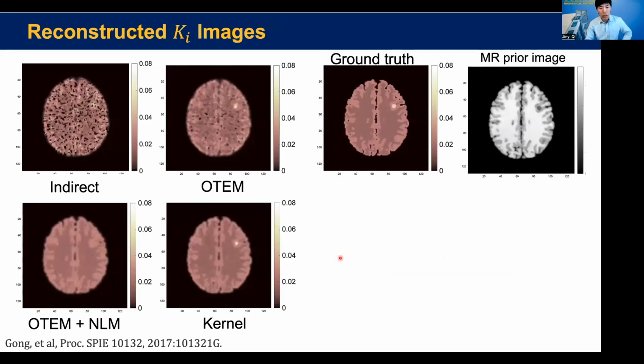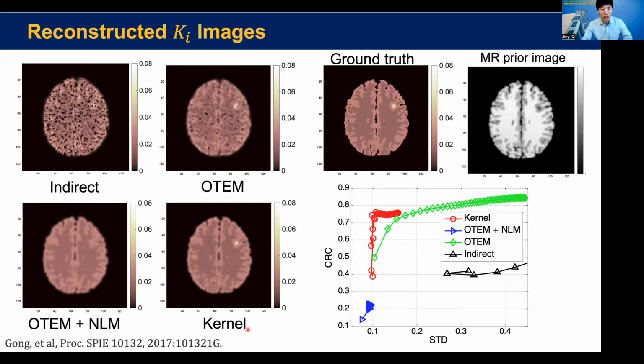And here's the simulation study of the nonlinear compartment parameters. Again, we are still showing the KI image, even though this was estimated using a nonlinear compartment model. We simulate the ground truth KI image, and then the MR prior image. Then this is the indirect reconstruction, the OTEM reconstruction, no regularization. This is OTEM plus local mean filter, and the last one is a kernel regularized reconstruction.